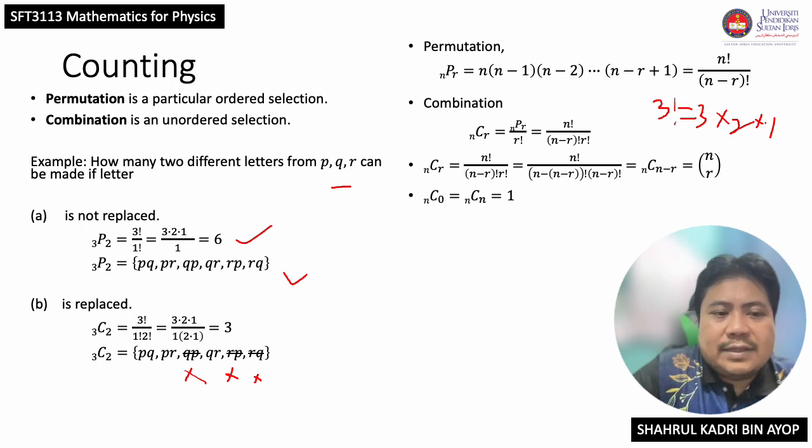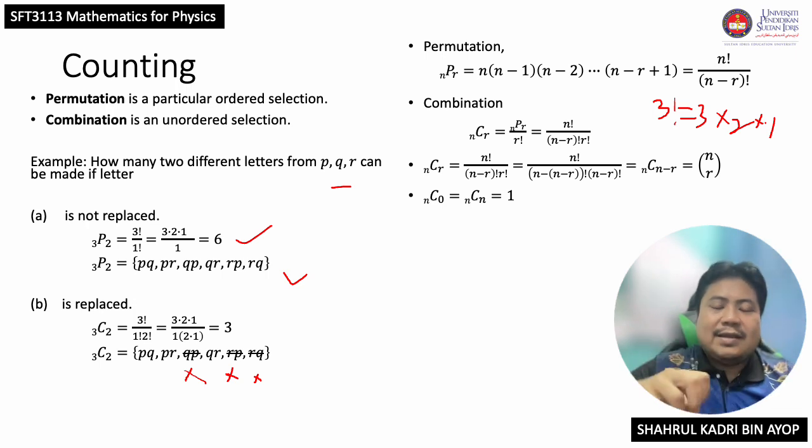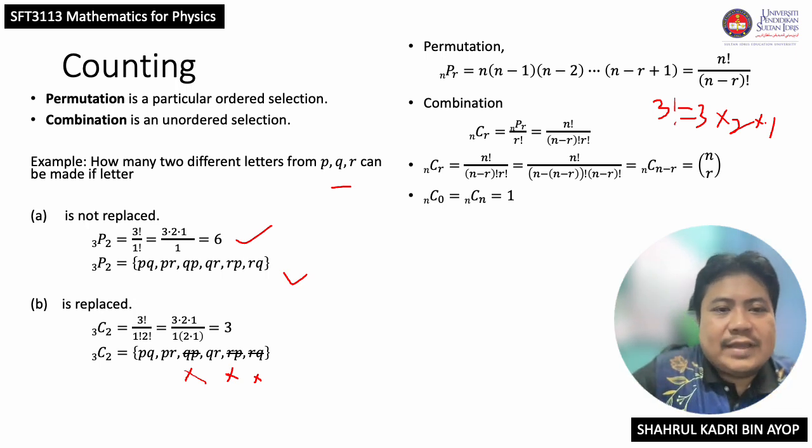The remaining ones are PQ, because PQ is just equal to QP, right? So we have to calculate using this formula: the permutation divided by r factorial. From there you get 3, so your possibilities reduce to 3.